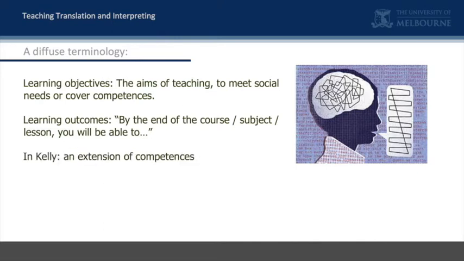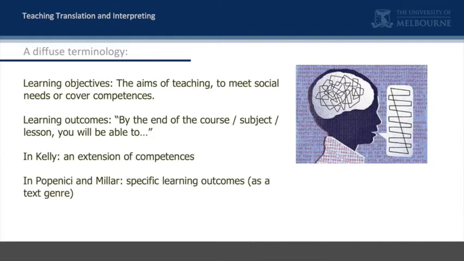In Kelly, this is very much an extension of competences. You'll see the chapter there discusses competence theories and skills, and then blends that right into the analysis of learning outcomes. In Papanichi Miller, the document we have from the University of Melbourne, they're very much on learning outcomes as such and how to write them.